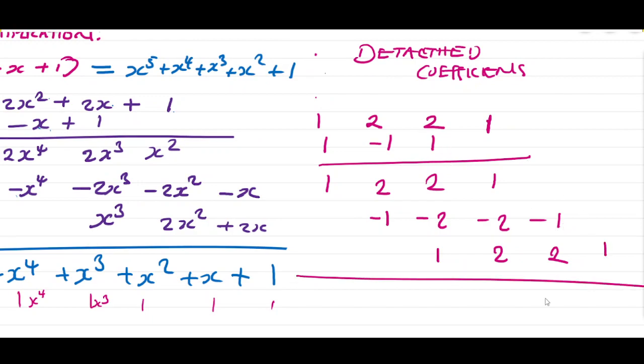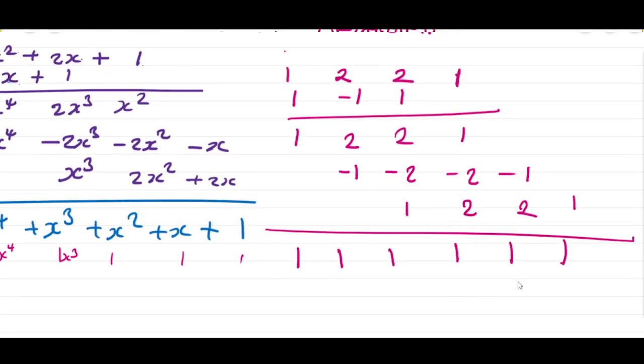So when we rule the line, we bring down this 1. Here we have 2 minus 1, which is 1. Here this cancels out, so this is 1. This cancels out, this is 1. And then this is 1, and then this is 1. So when we arrange it, this part will correspond to x to the power of 0, x to the power of 1, x to the power of 2. This corresponds to x to the power of 3, then x to the fourth power, and then x to the fifth power.